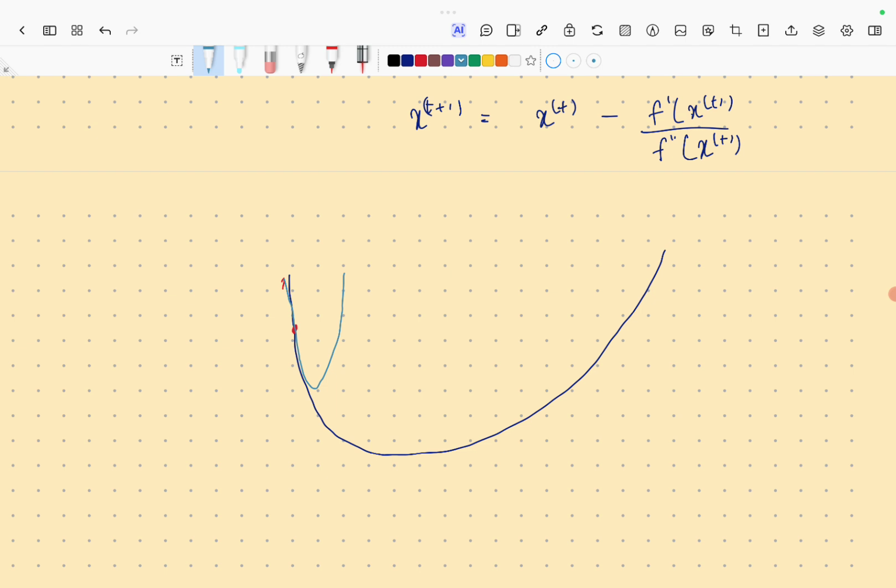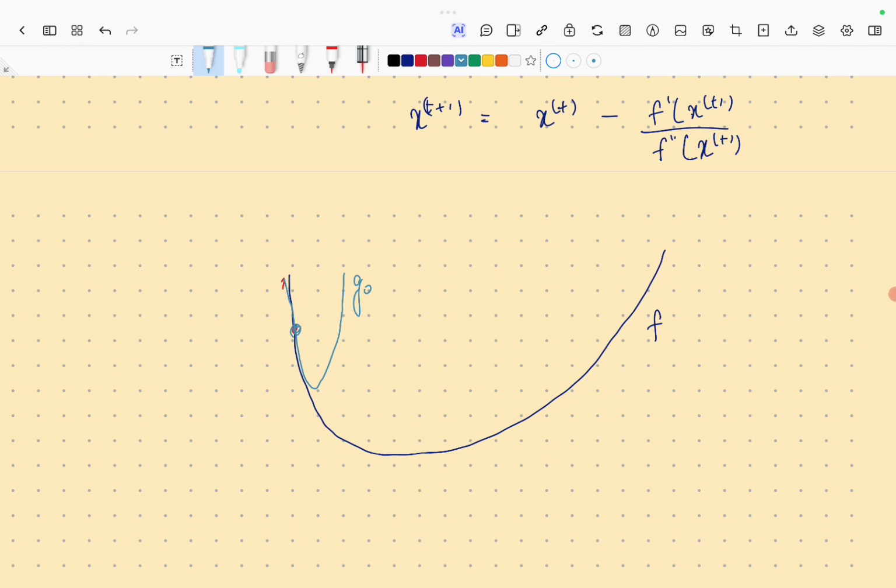The light blue curve essentially corresponds to the quadratic, which has the same first and second derivatives as this function f. The first derivative and the second derivative of f and of this g naught are the same at this particular point here.